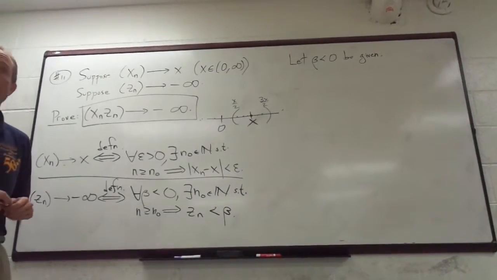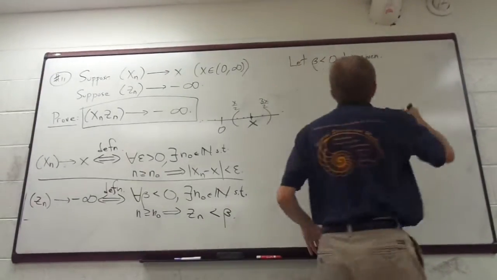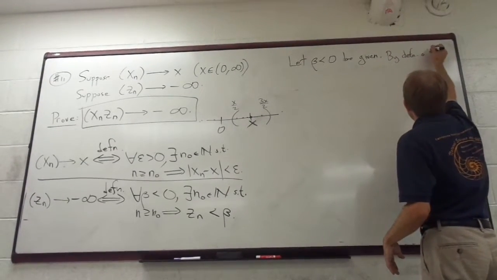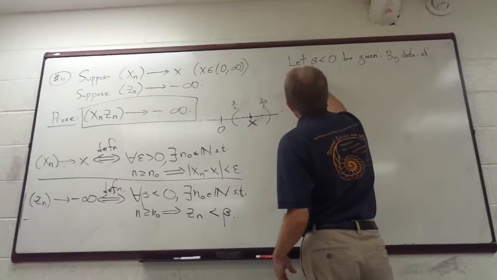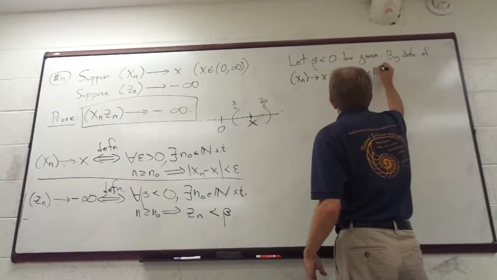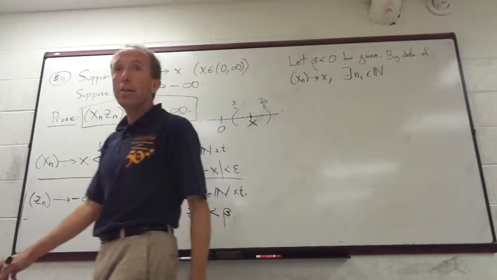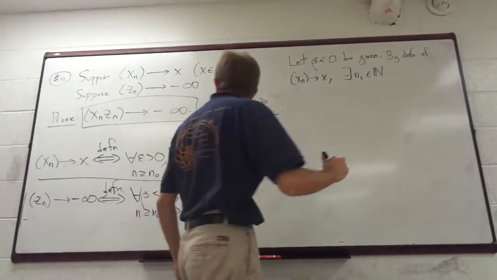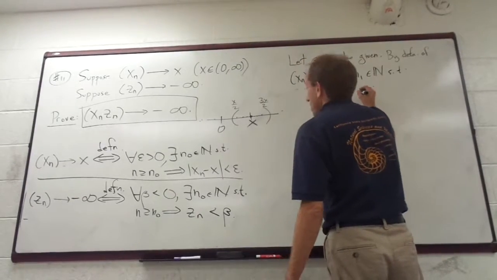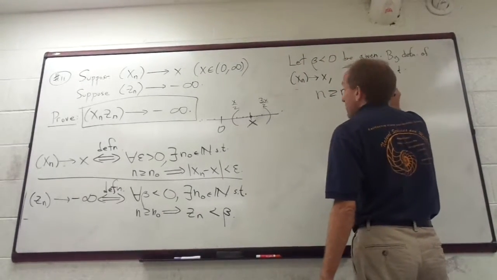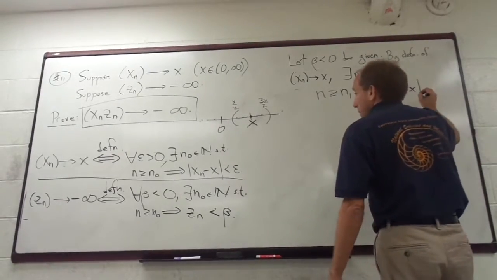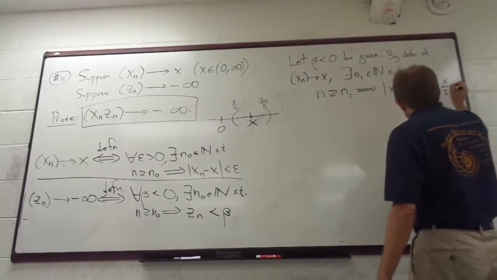You guys okay with that? By definition of xn converging to x, there exists an n1. This is not our final n naught yet. There exists an n1 such that if n is greater than or equal to n1, that implies the absolute value of xn minus x is less than x over 2.